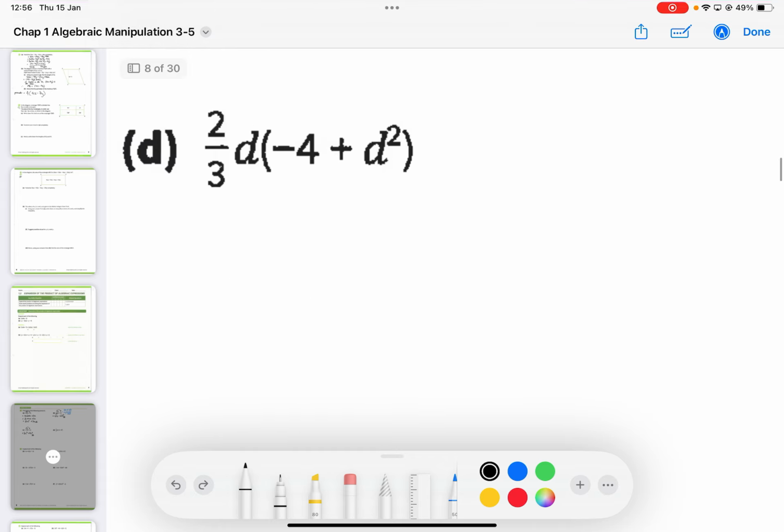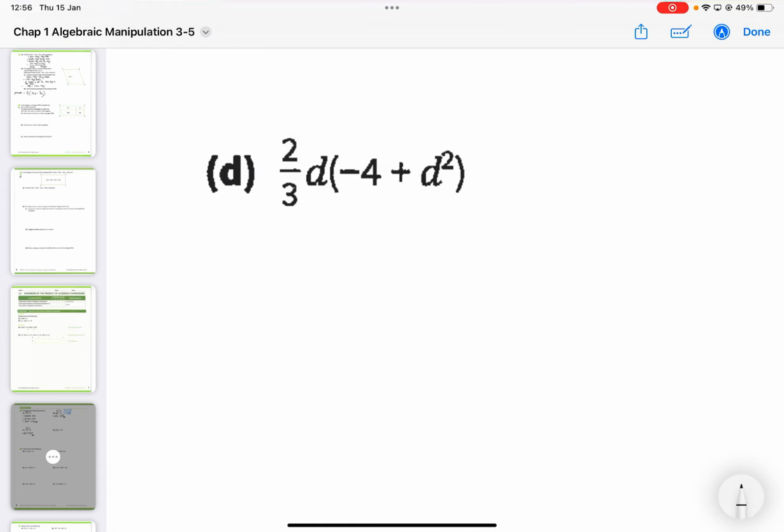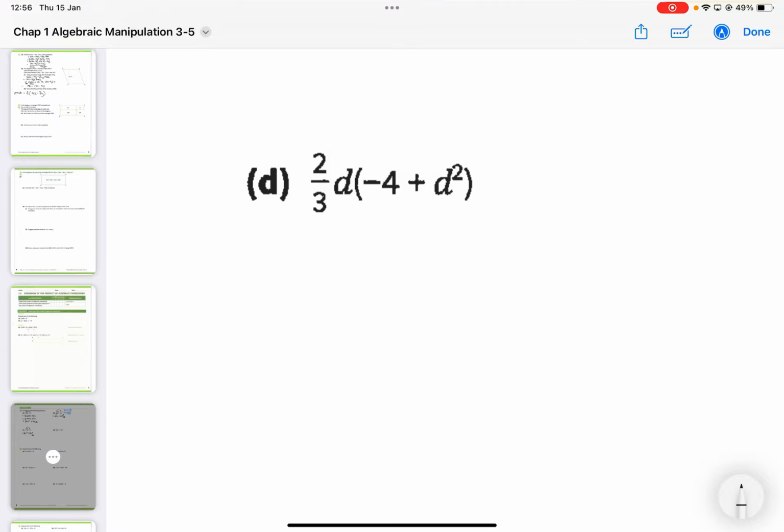D. Got fraction, but no difference. What we are doing is still this: in front, multiply everything inside. Fraction is the better number. Don't use decimal. Most of the time don't need decimal. Got fraction, use fraction.